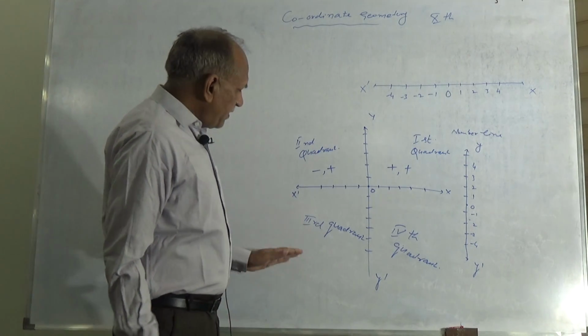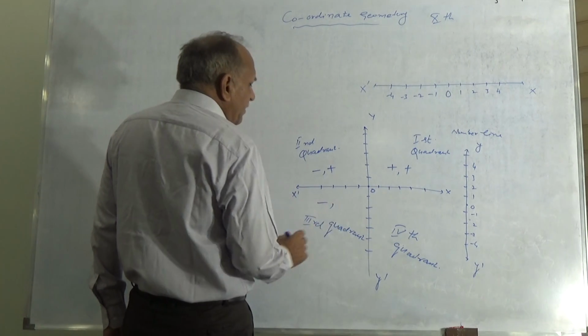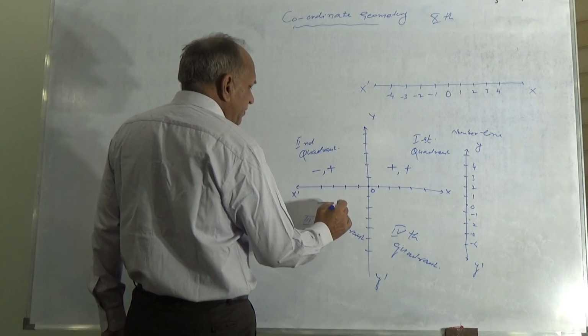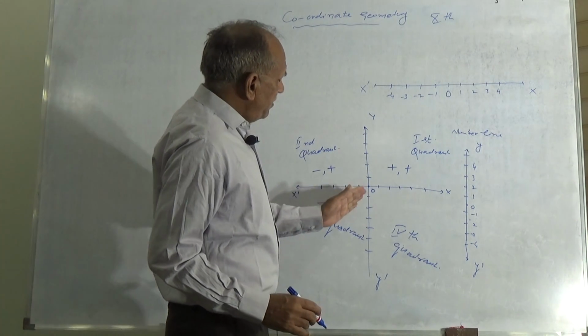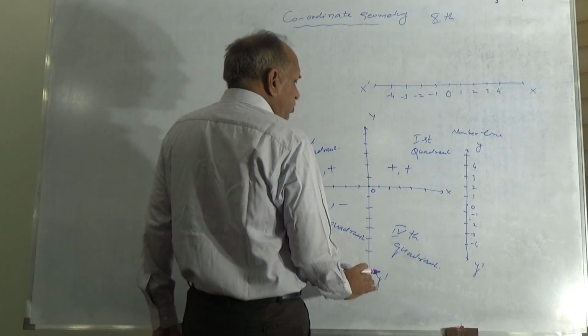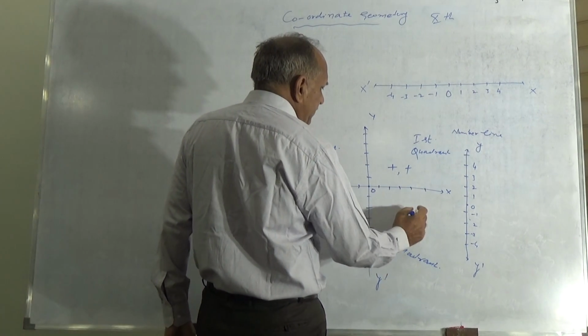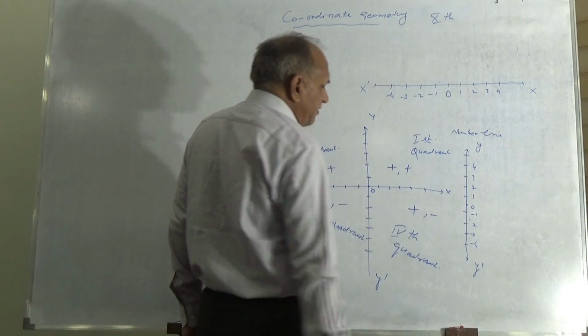In the third quadrant, x is negative and y is also negative. In the fourth quadrant, x is positive and y is negative.